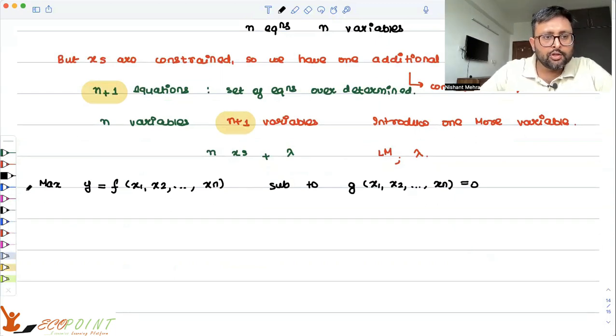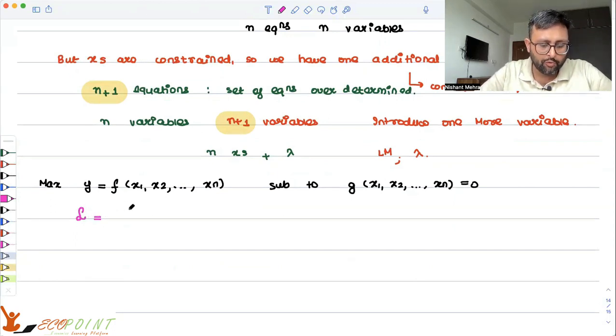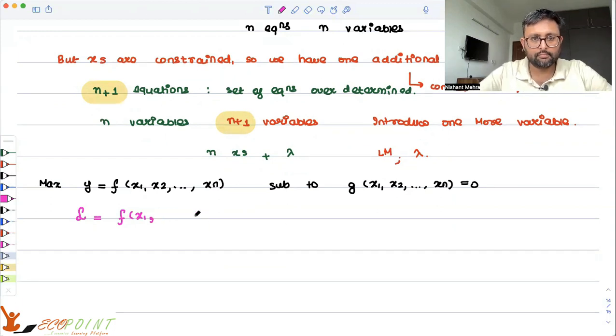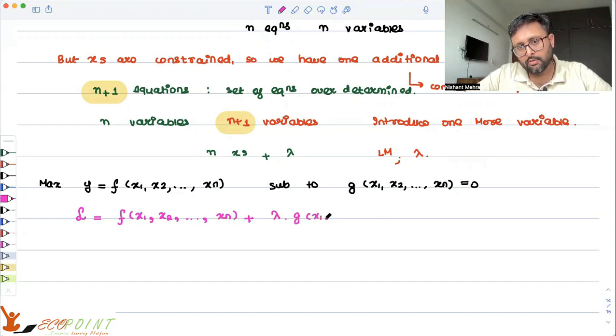So what you do is form this Lagrangian equation. We will write it like this: f of x1, x2, and so on to xn, plus lambda times g(x1, ..., xn).